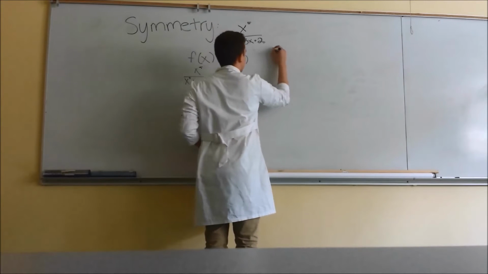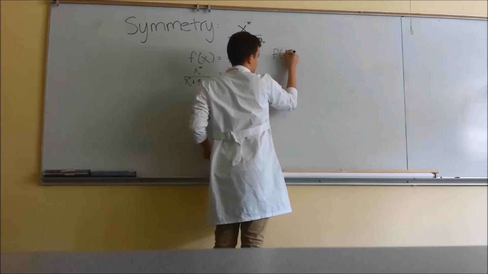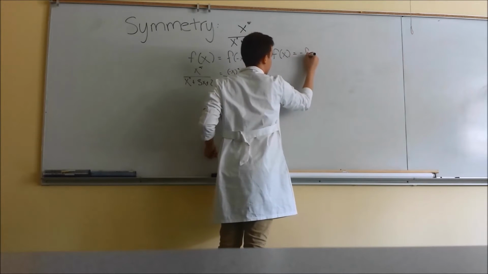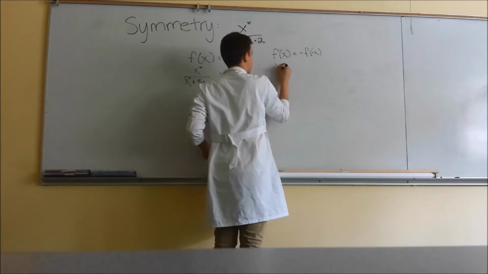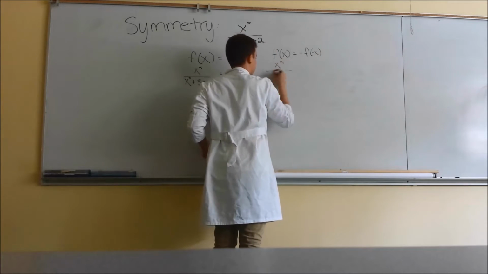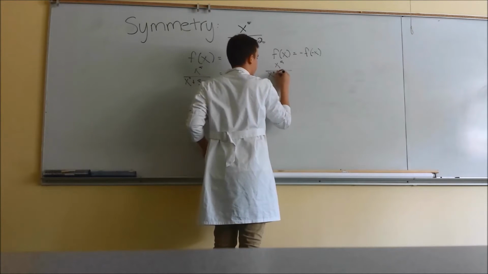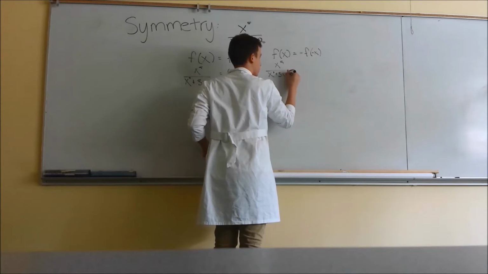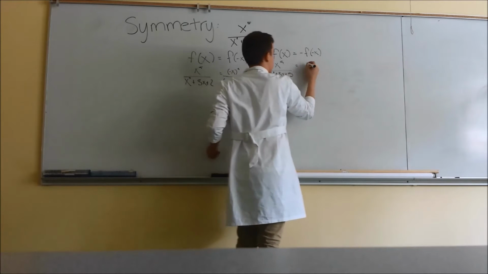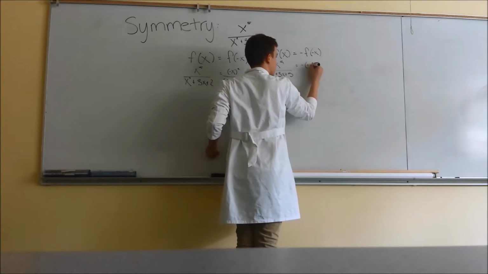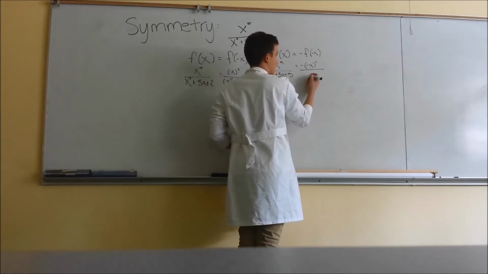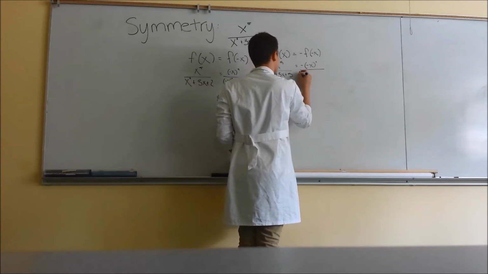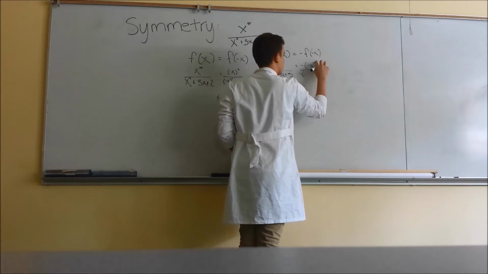And on to the next check, which is f of x equals negative f of negative x. So we just write out our function again. And we plug in this. Remember to put a negative sign in front of the brackets.